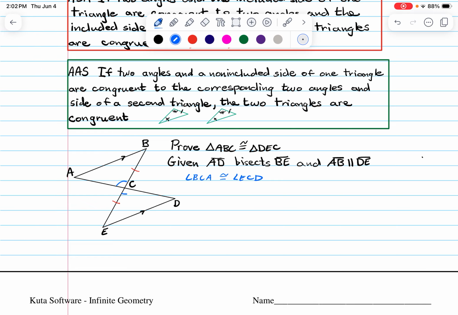I know that. And the way I know that is vertical angles are congruent. I'll just do a shorthand there. So BCA is congruent to ECD.